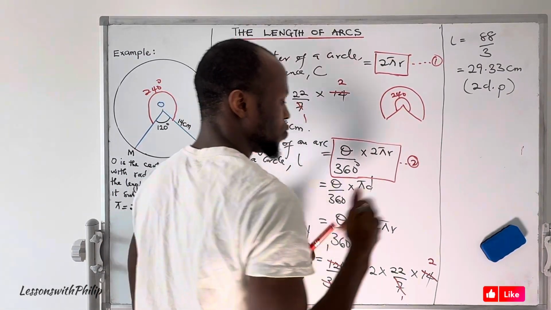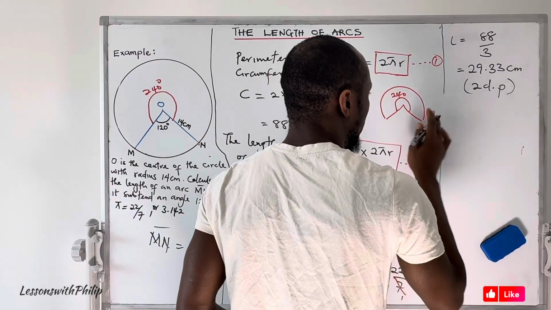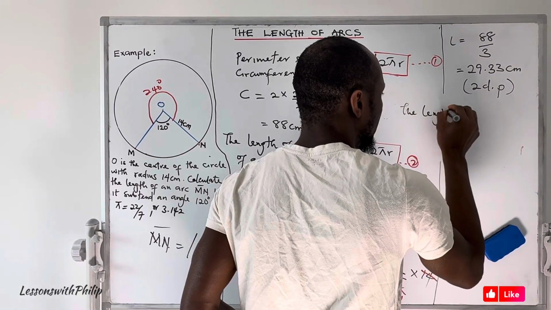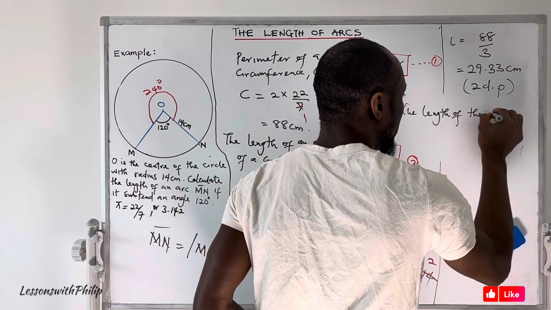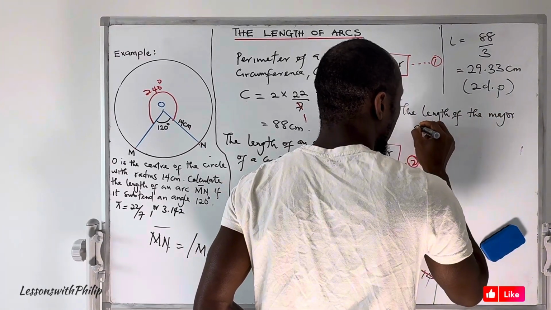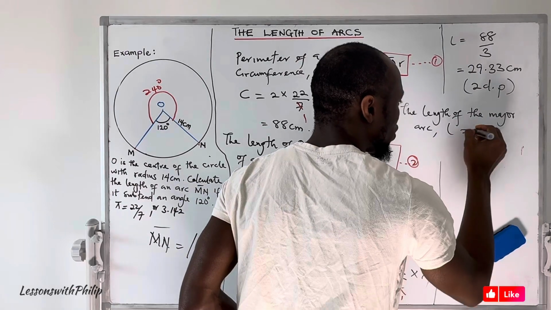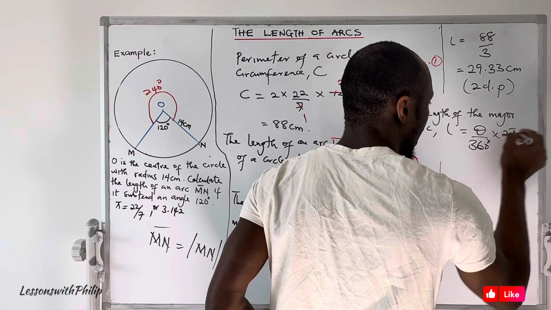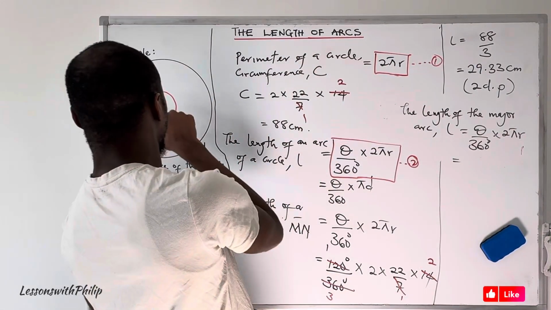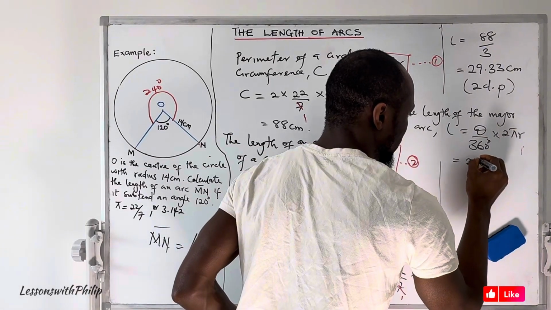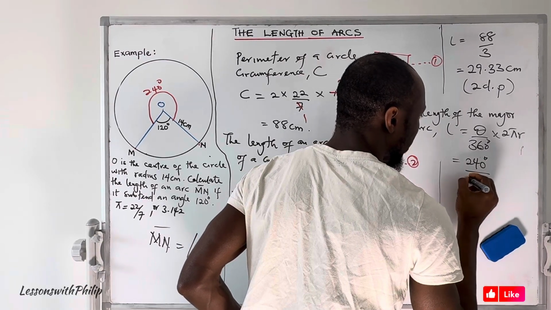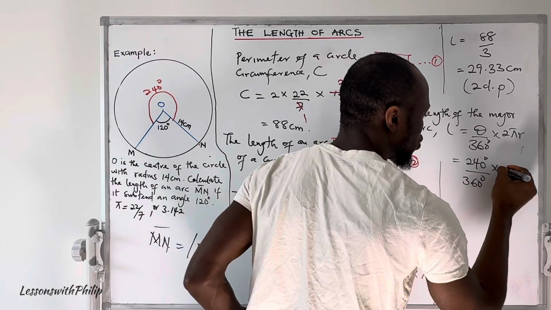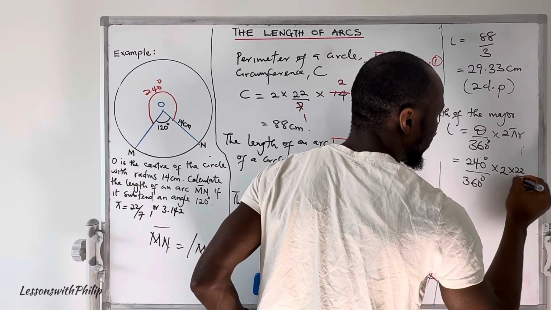Now if I want to calculate the length of the major arc, it will be equal to theta over 360 degrees multiplied by 2 pi r, whereby my theta in this case is 240. That is 240 degrees over 360 degrees, multiplied by 2 multiplied by 22 over 7 multiplied by 14.